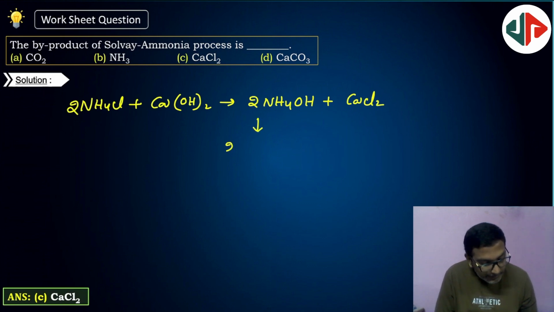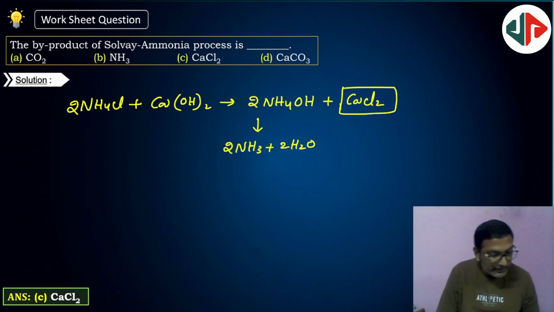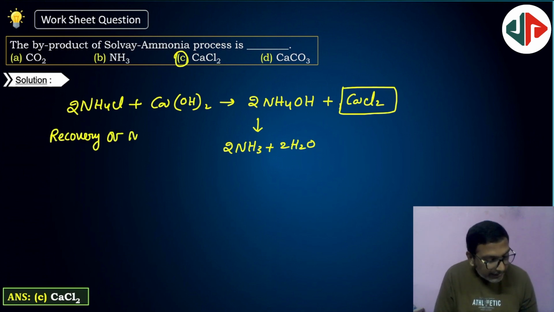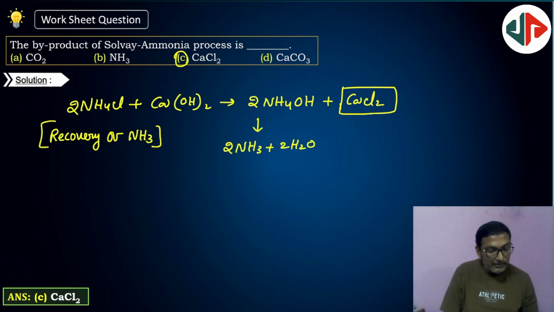This is nothing but 2 moles of ammonia plus 2 moles of H2O. So the byproduct is CaCl2, option C. This is the reaction which happens in the ammonia recovery tower, recovery of NH3. Very, very important. Next.